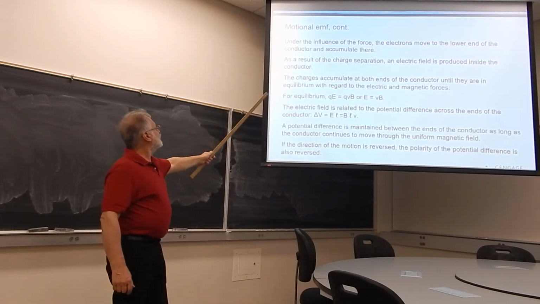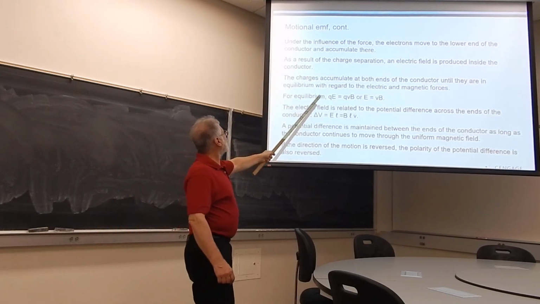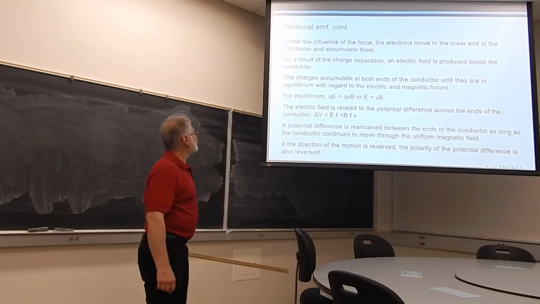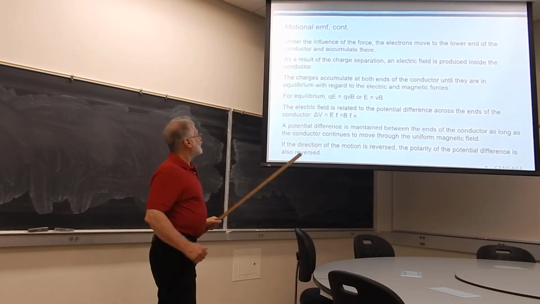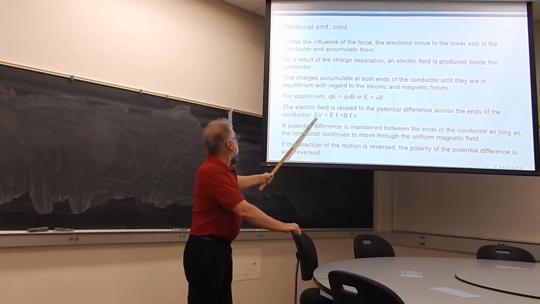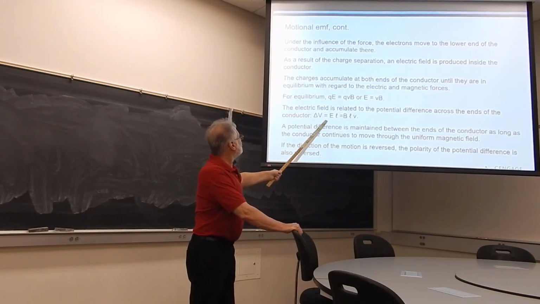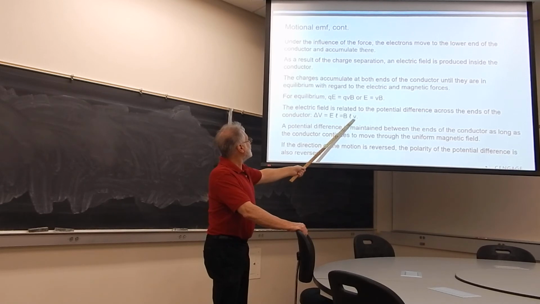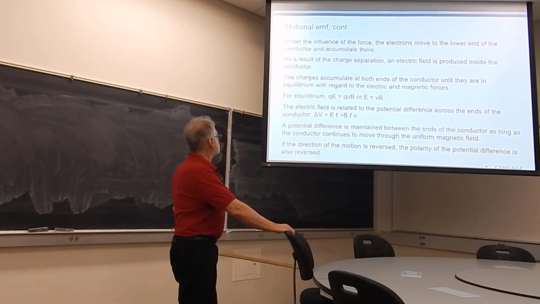Then we have a case where the electrostatic force and the magnetic force are equal to one another. And then we can talk about the fact that the potential difference, or the induced EMF, would be equal to E times L, electric field times the length, or, if you like, the magnetic field times the length times the velocity of the charges.